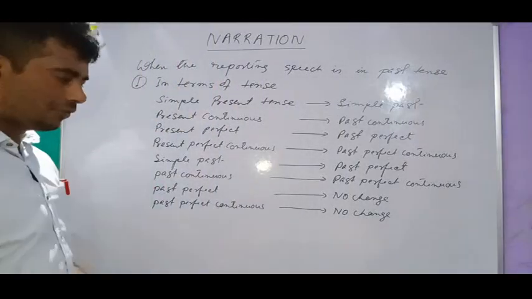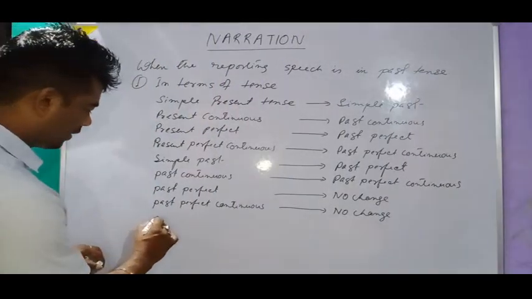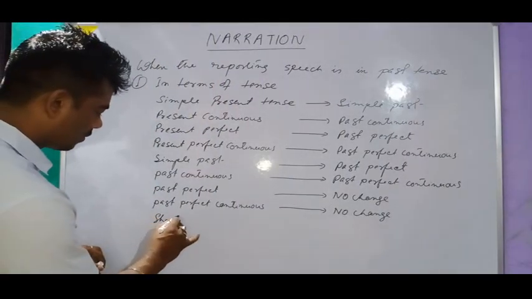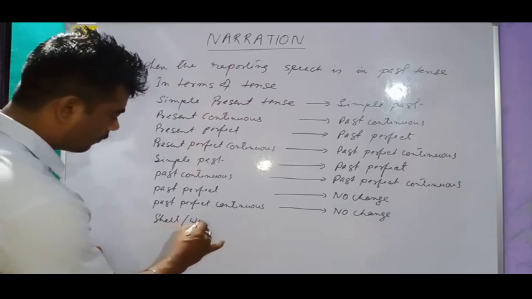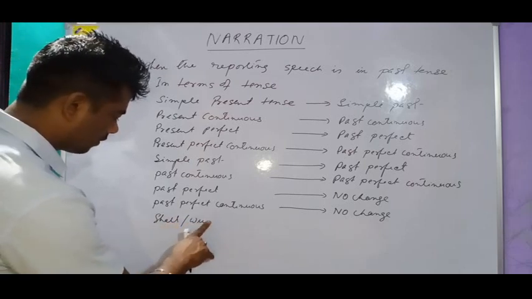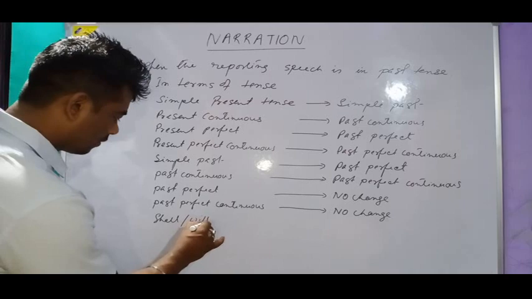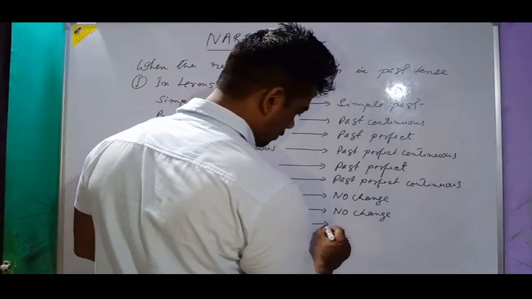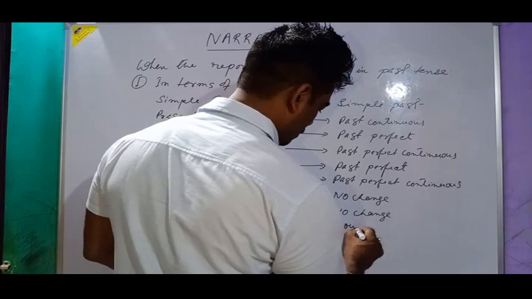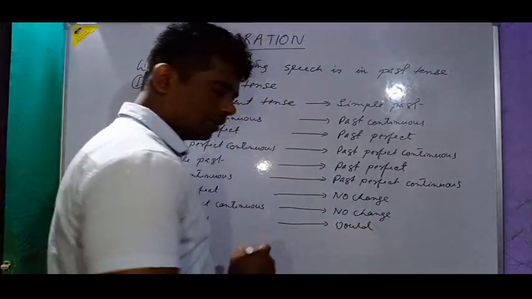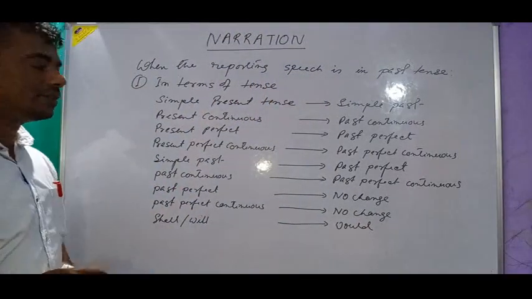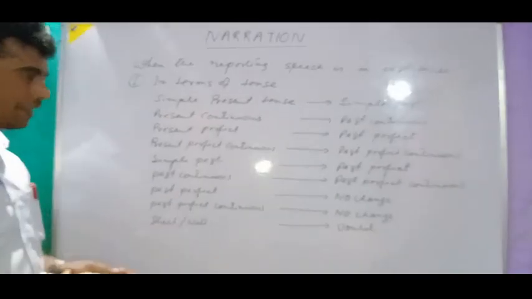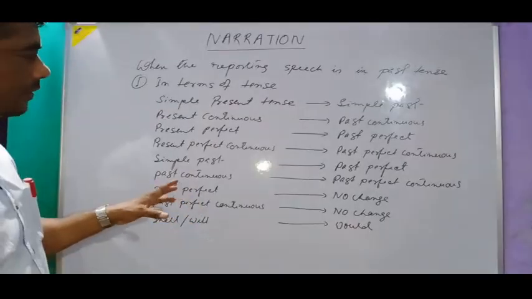And now in terms of future, I will write shall, will. Shall will change to would. So these are the changes that take place in terms of tenses.